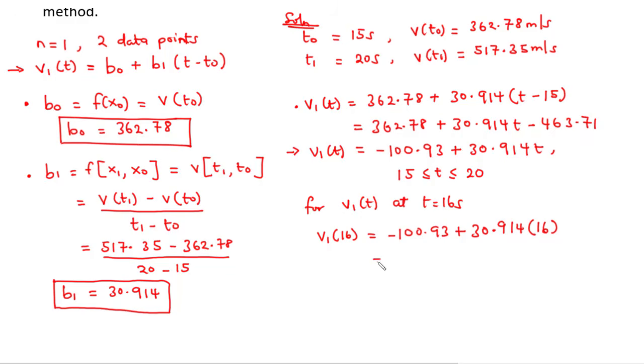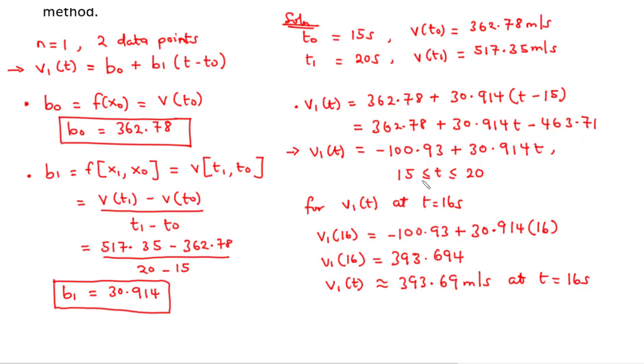You compute this and you have 393.694, which is nearly equal to 393.69 meters per second. So this is the value of the velocity at t equals 16 seconds. We say that v1 of t is nearly equal to this value at t equals 16 seconds.